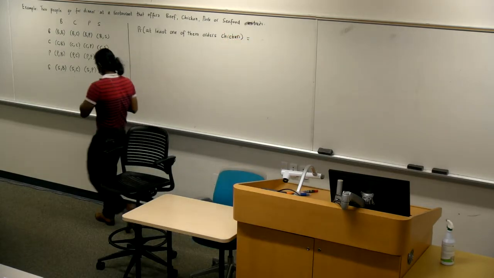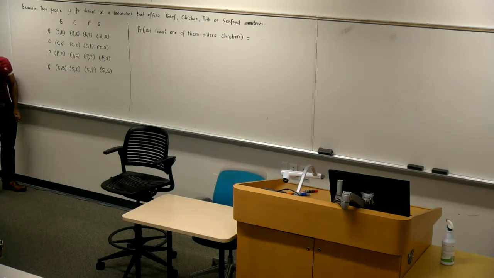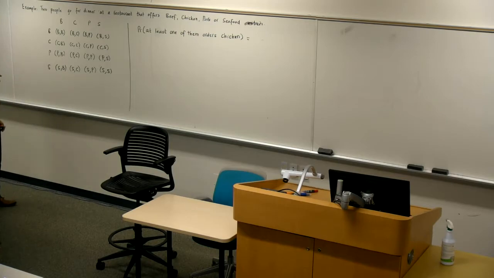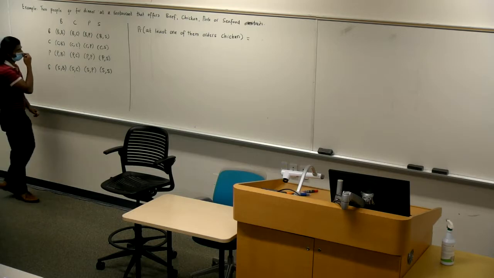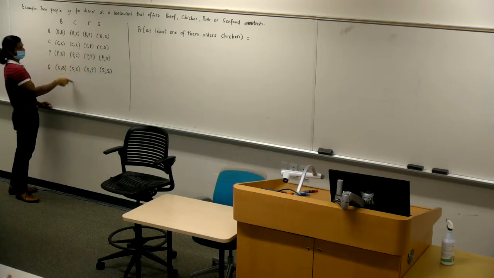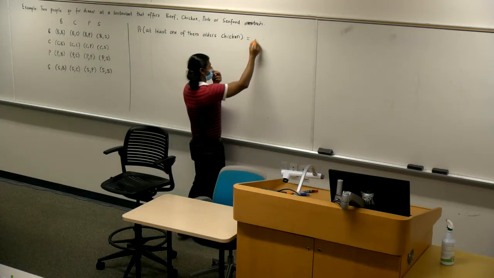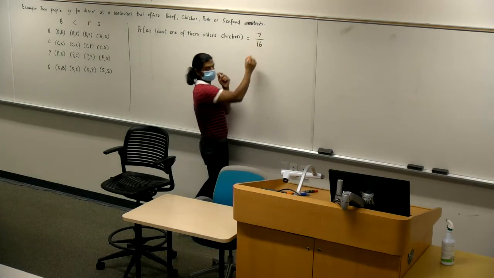So we wanted to find the probability that at least one of them orders chicken. What we did is we went and counted the outcomes that had C in them. So 1, 2, 3, 4, 5, 6, 7. And in total we have 16 outcomes. So the probability is 7 out of 16.